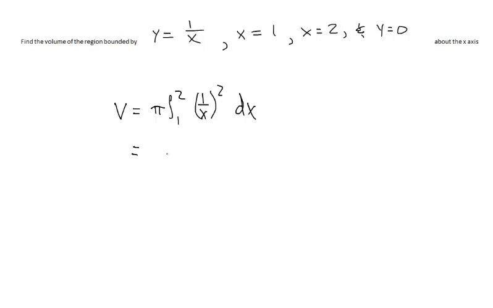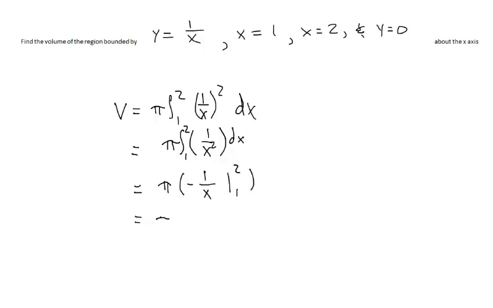And now we need to integrate this and evaluate it to find our volume. So we have pi times the integral of 1 over x squared from 1 to 2 dx. And then when we integrate this, we end up with negative 1 over x from 1 to 2.